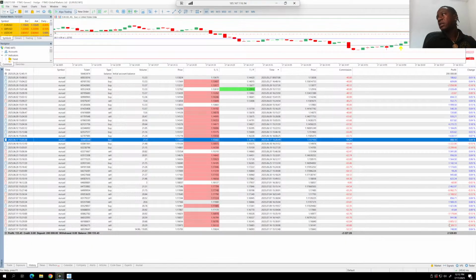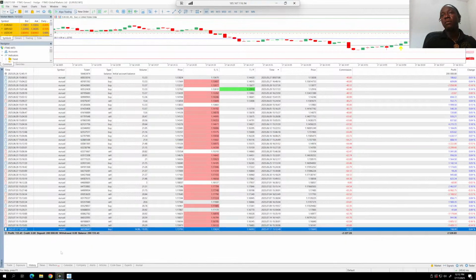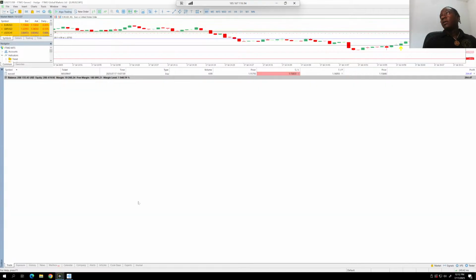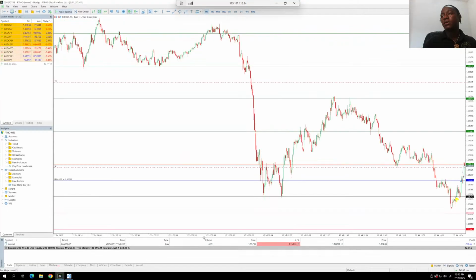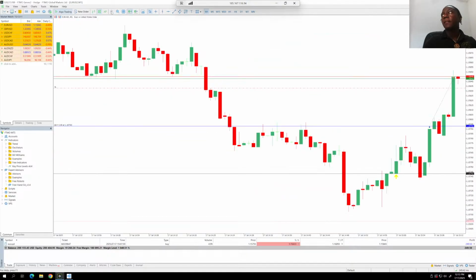Oh shoot. So as you can see, if you look at the bottom of the screen, we just closed for $748. Let me bring that back down for you. So we closed partial position.